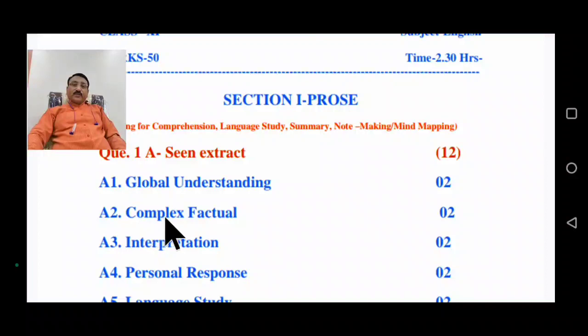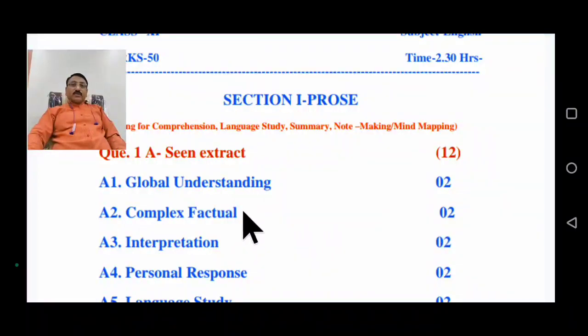The second activity is complex factual. It also carries 2 marks. Here the activity which is set is a little bit tough, and therefore the answer of this activity is also a little bit difficult. The students need to read the passage twice until they come up with the correct answer.